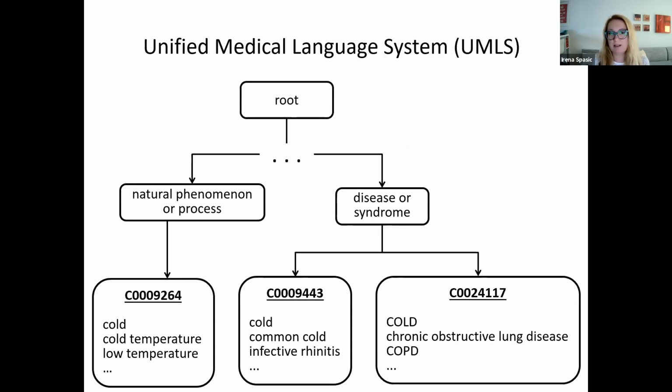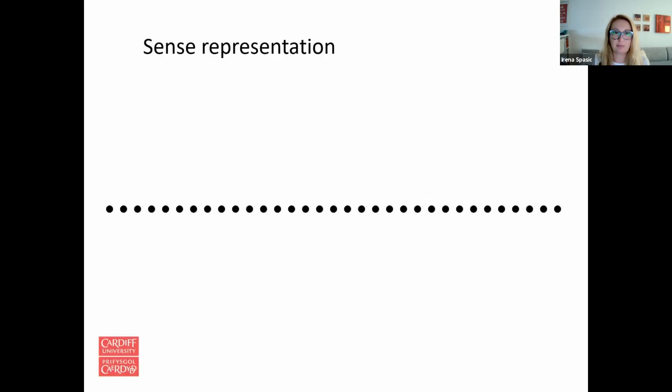If we take UMLS as an example, then we can see that words are mapped onto concept identifiers, which are underlined at the bottom of this slide. So in effect, sense is modeled as a categorical or qualitative variable, and it can only take a limited number of prefixed values.